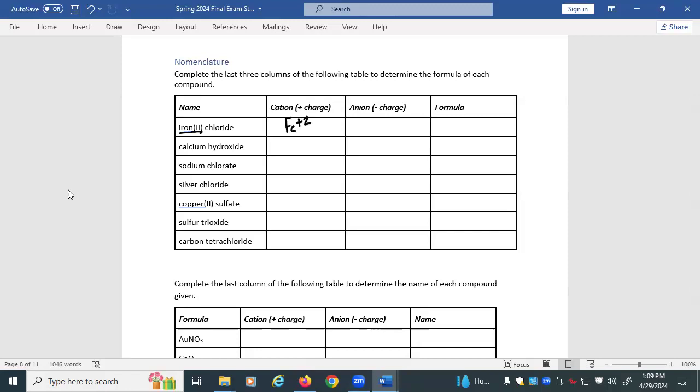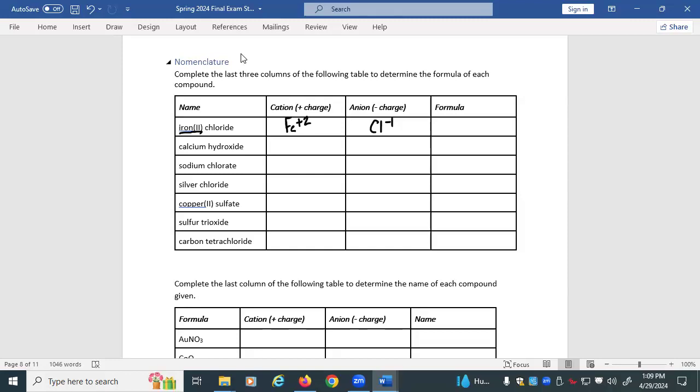And for the chloride, I need to go to my periodic table. I can see that chloride is a halogen. It's in group 17. Everything in group 17 takes on a -1 charge. So chloride is Cl, and it's got a -1 charge.